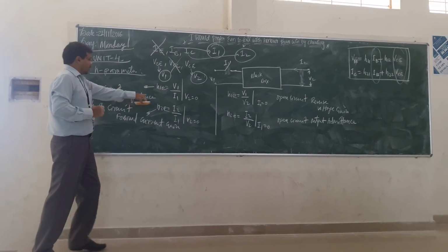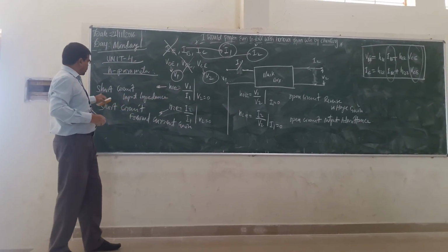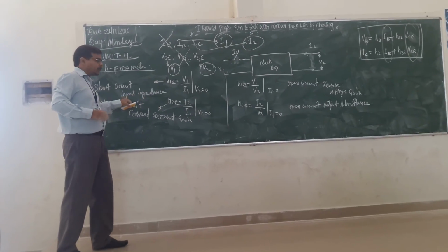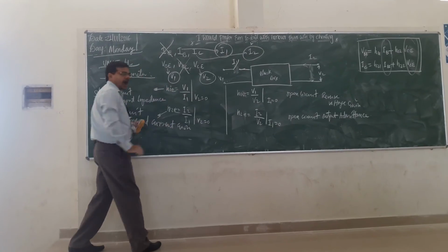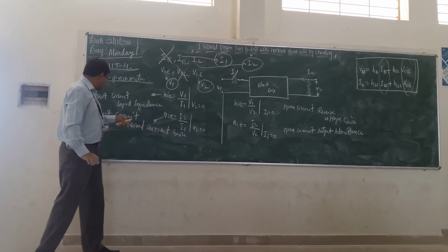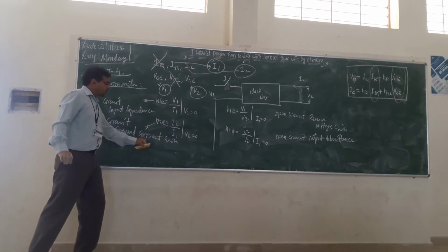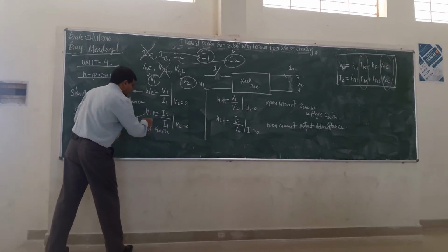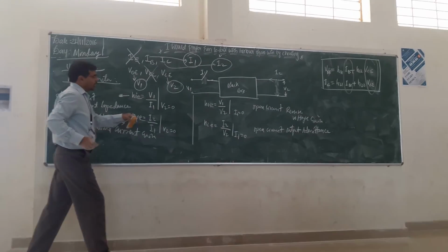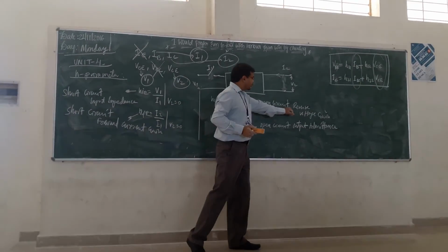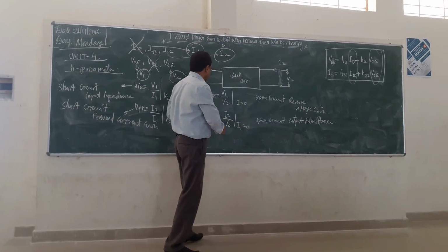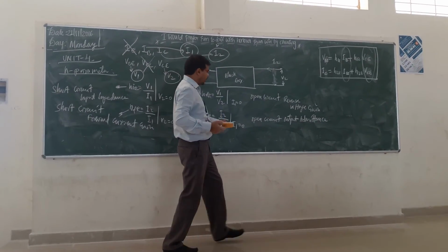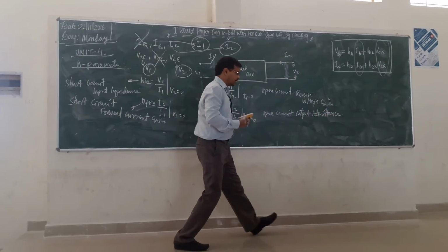Now first one, this is your short circuit input impedance. Input impedance, I will write this as I. Here you are having short circuit forward current gain. Forward, I will write F. Here I am having open circuit reverse voltage gain. Reverse, I will write R. And here open circuit output admittance.